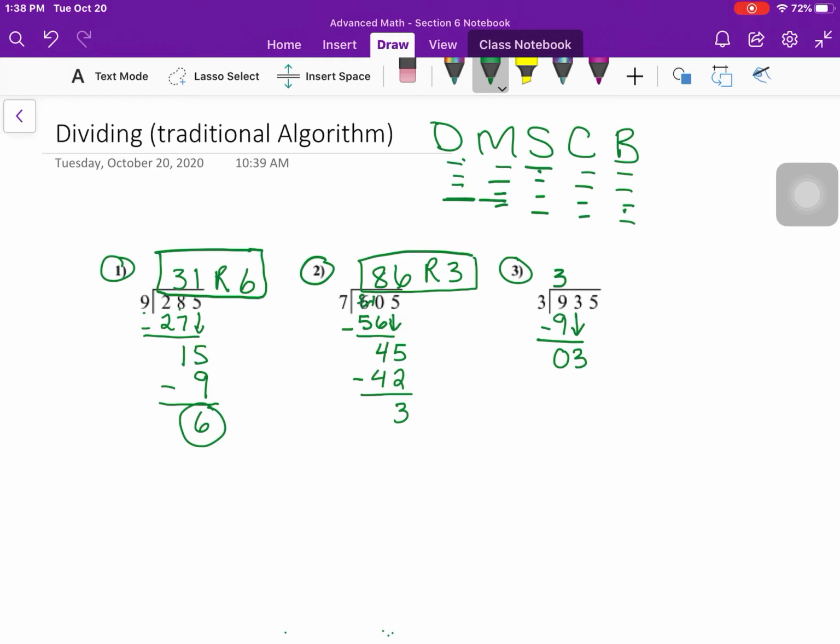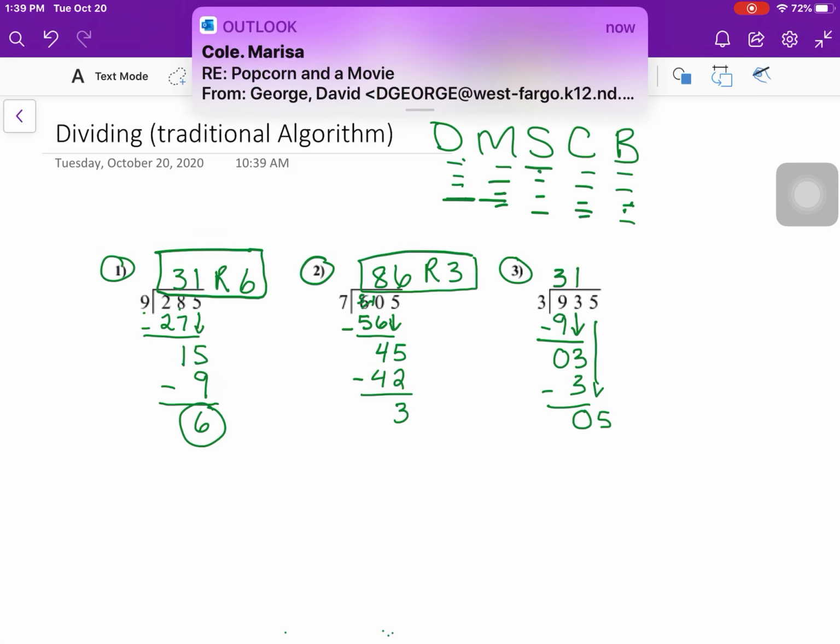So we say 3 goes into 3 1 time. We multiply. 1 times 3 is 3. We subtract 3 minus 3 to get 0. We check to make sure 0 is smaller than 3. We bring down our 5. And then we ask ourselves, 3 goes into 5 how many times?